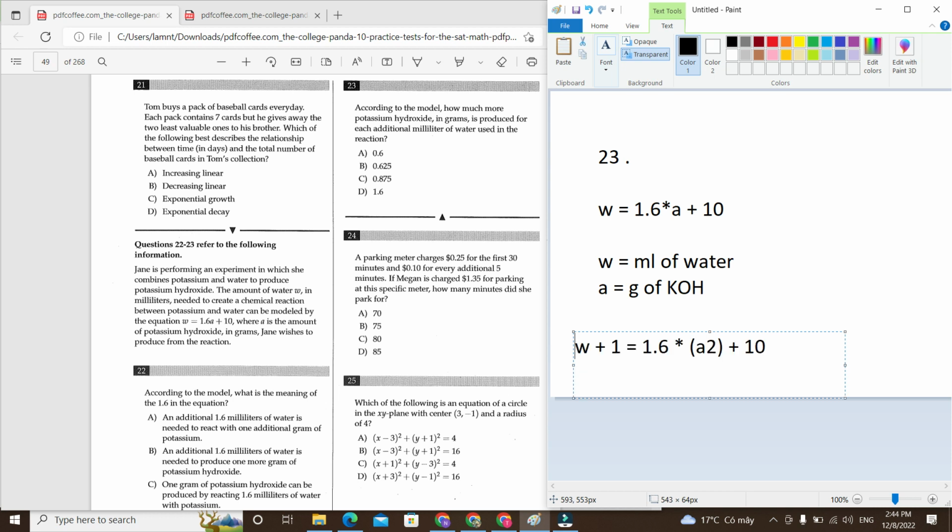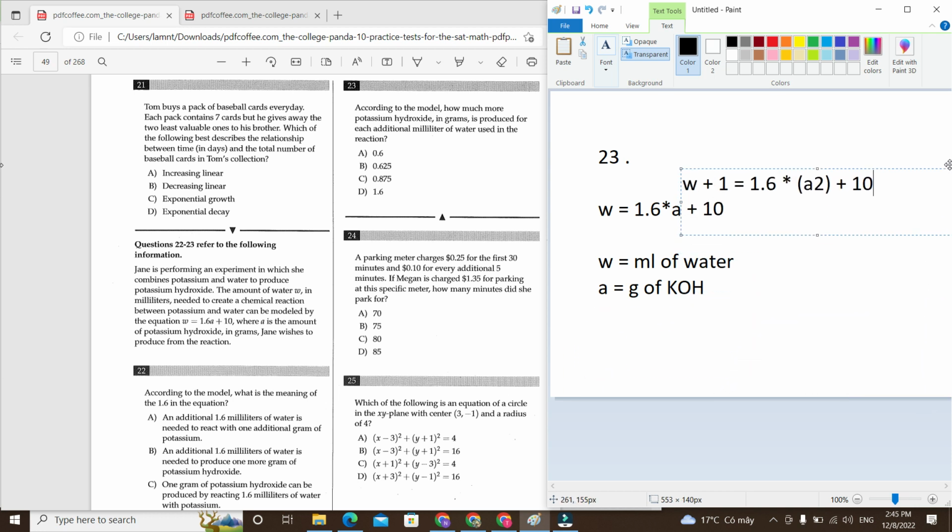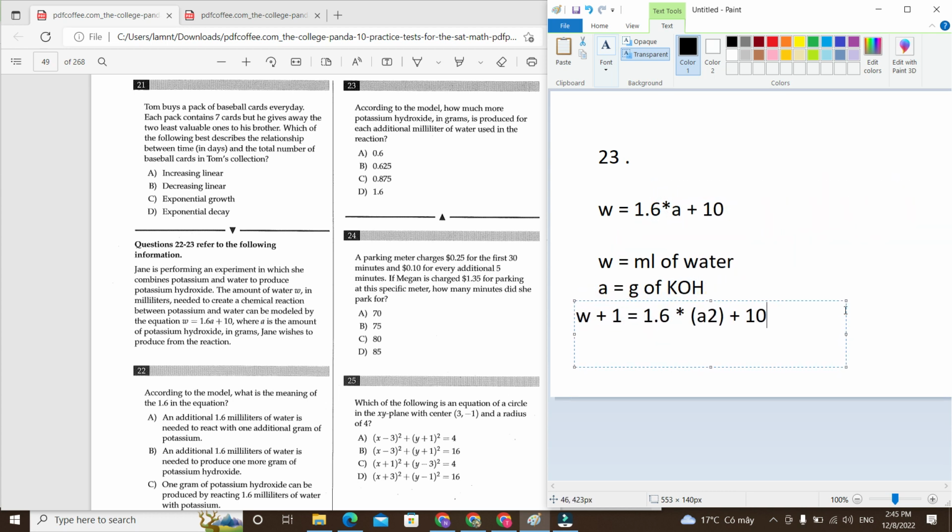Okay, so let's find out. We just have to solve this equation according to W, right? So here we have W equal to 1.6 times A plus 10. If we subtract the two equations, we have 1 equal to 1.6 times A2 minus A, right?